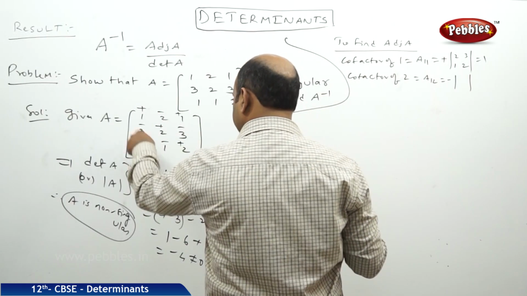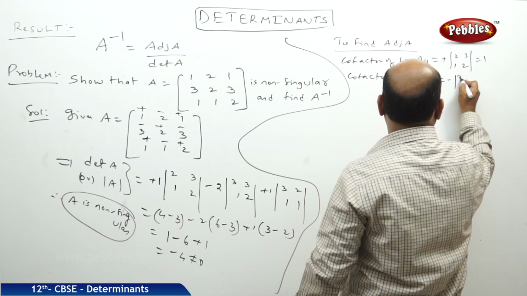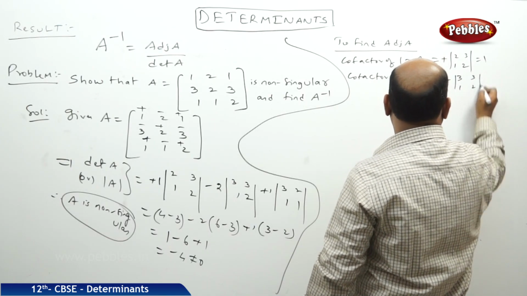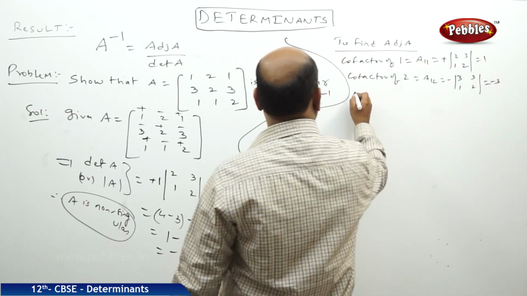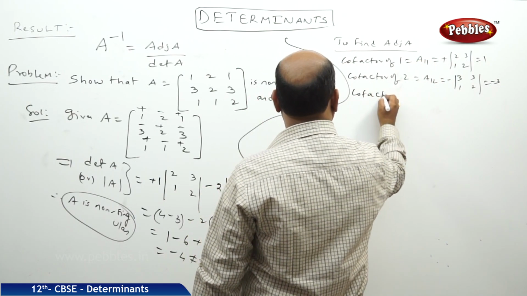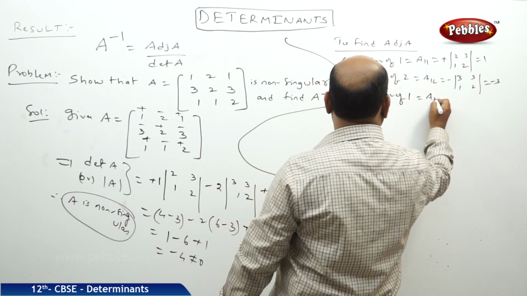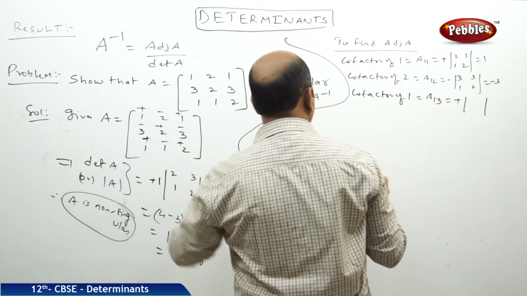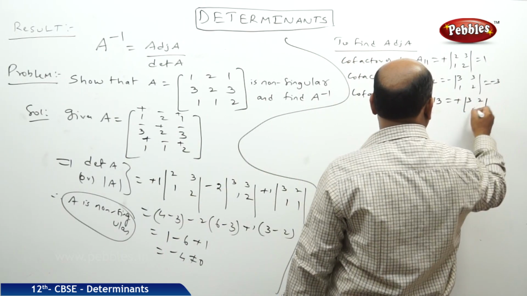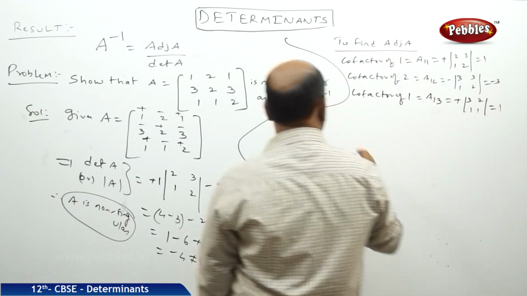Minus into its minor means 3 3 1 2, so 3 2s are 6, 6 minus 3 will be minus 3. Later again I want to find cofactor of 1, that means A13, that is equal to plus into its minor, 3 2 1 1, which means 3 minus 2, 3 minus 2 is 1.